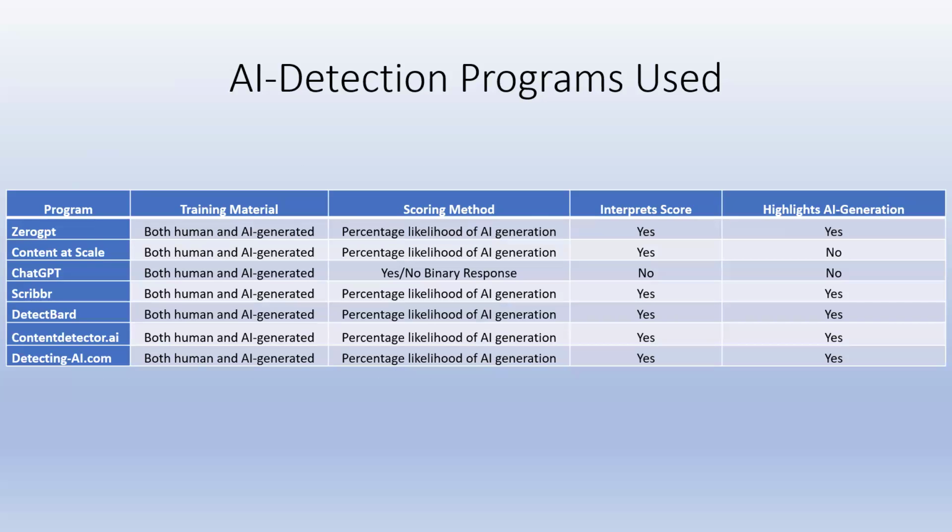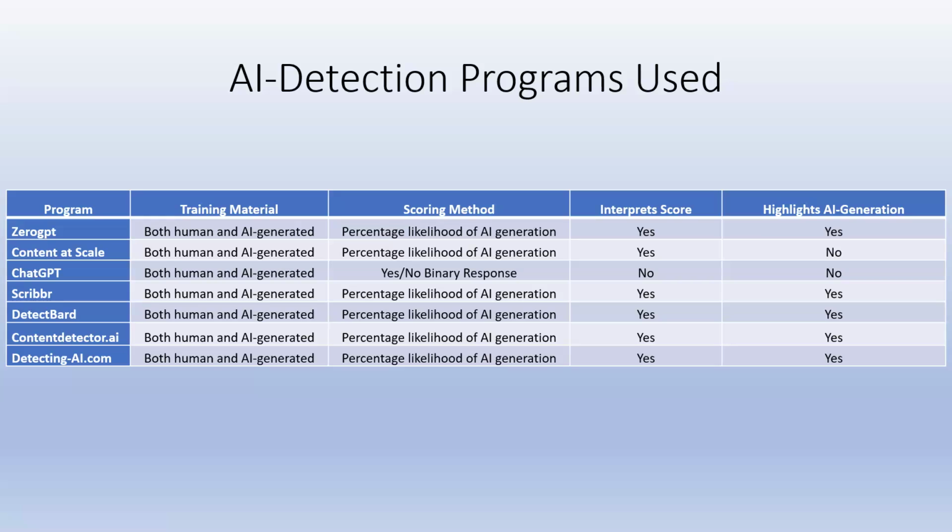So now, because of this, we wanted to look into the rate of false detection in handwritten essays produced by English as a foreign language learners in a group of university students here in Saudi Arabia. And what we used were these 7 programs that detect whether content is AI or human generated.